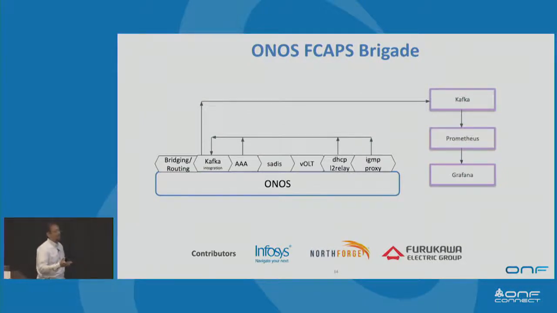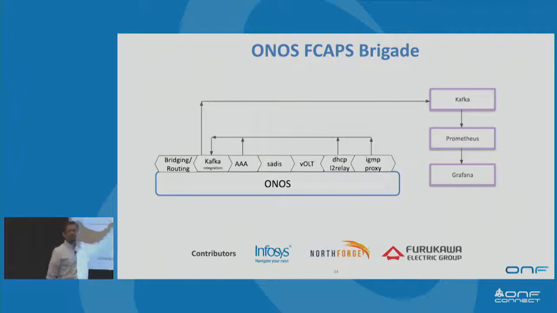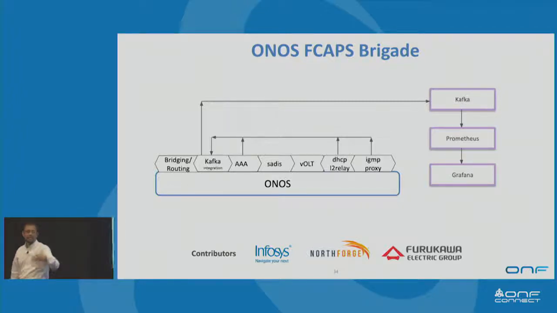Staying true with the FCAPS philosophy that operators are always talking to us about and stressing the importance of. There are, as you know, in the PON, inside a SEBA pod, a number of features that are brought alive by applications written on top of ONOS. So as a result, the applications know a lot about the state of the subscribers and the devices in the PON.